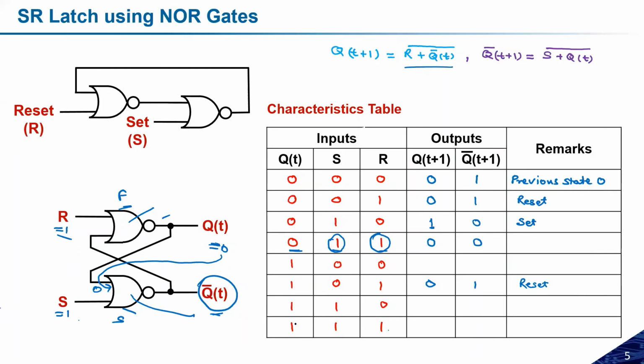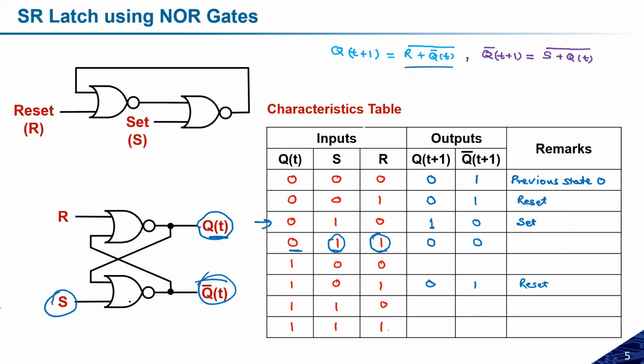But see, one important thing here is that both the NOR gates are in a racing condition. They will try to maintain logic 0 on both outputs. If you see the previous case, what happens? Once I got the output Qt 1, because I just set it, this gate is responsible for giving the output, and once this is set, that is responsible for changing the state of Qt.